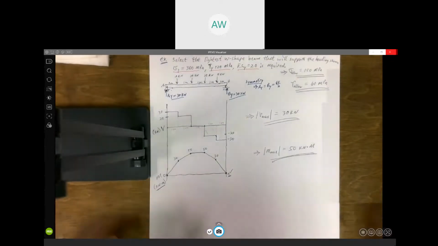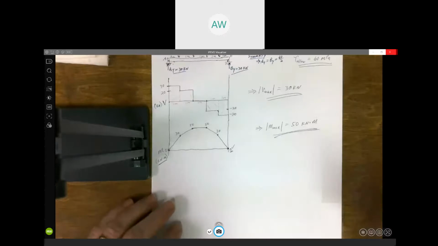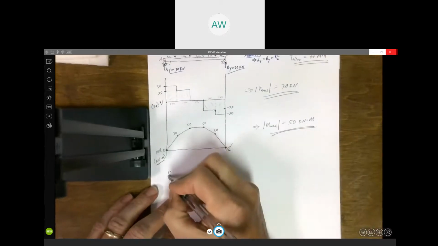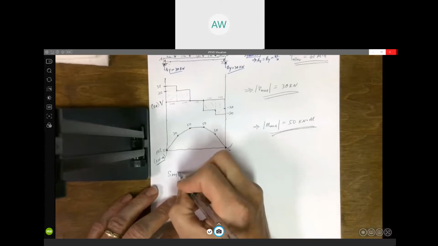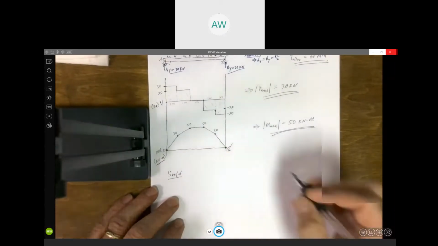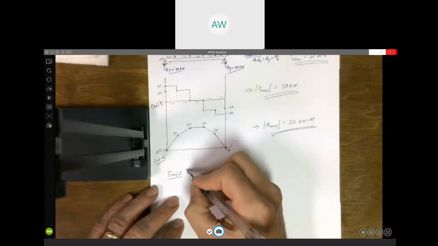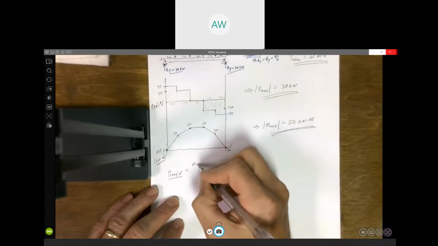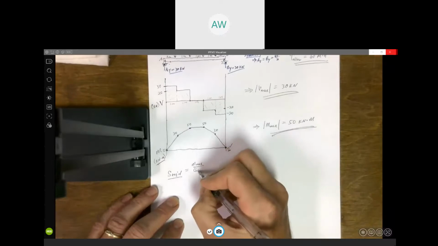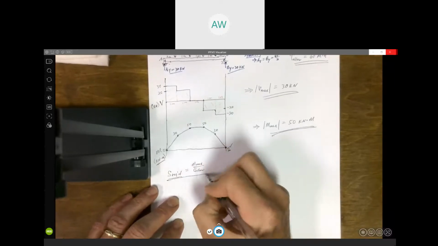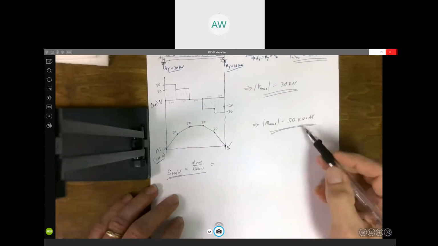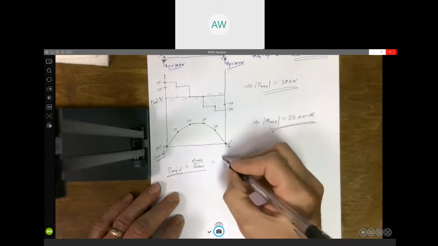All right, so that brings me to the next step in our procedure, and that was to find what the required section modulus is. Remember, we're going to choose the beam based on bending. So this required section modulus was whatever our maximum moment was divided by the allowable normal stress. So our maximum moment was 50 kilonewton meters.